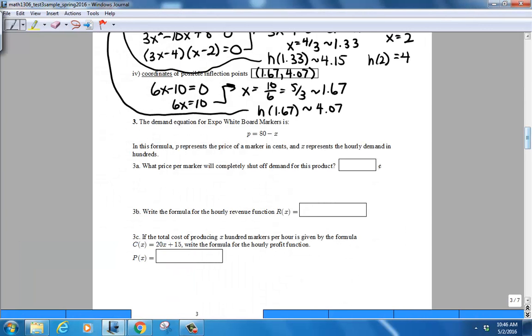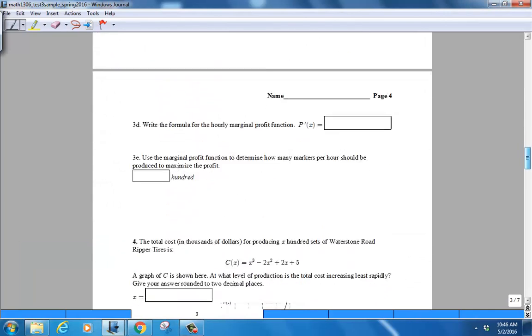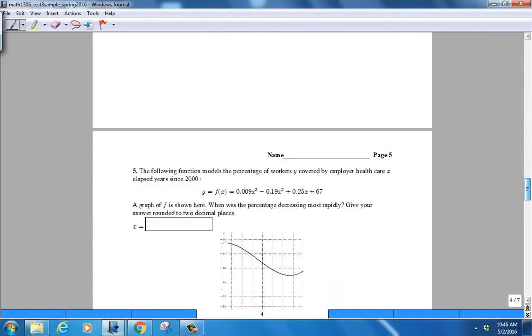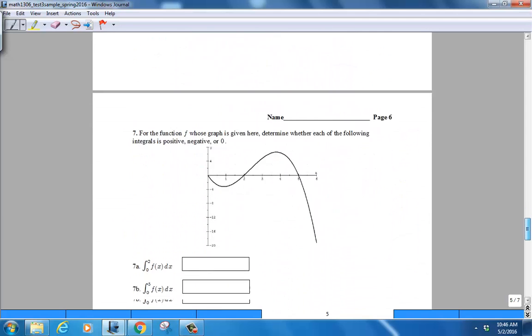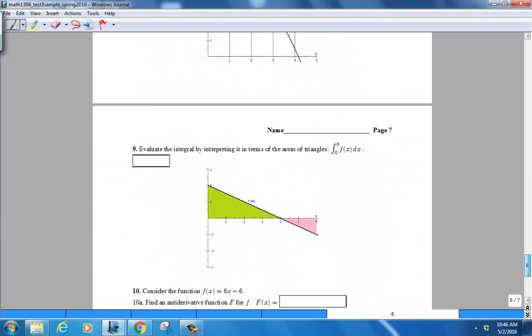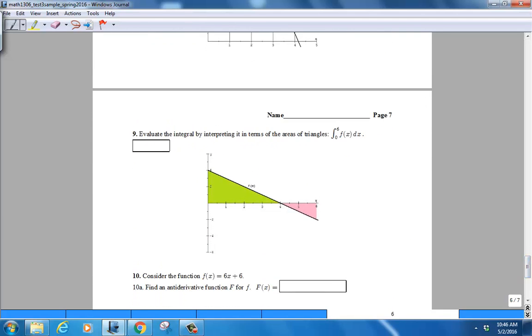This also happens to be on the sample test. So we're going to a test here. See if I can find it. There it is. That curve on the sample test, which was problem 9. Oh, I said wrong a moment ago. It's problems 10 and 11. Those are the ones we're delaying to the final exam.